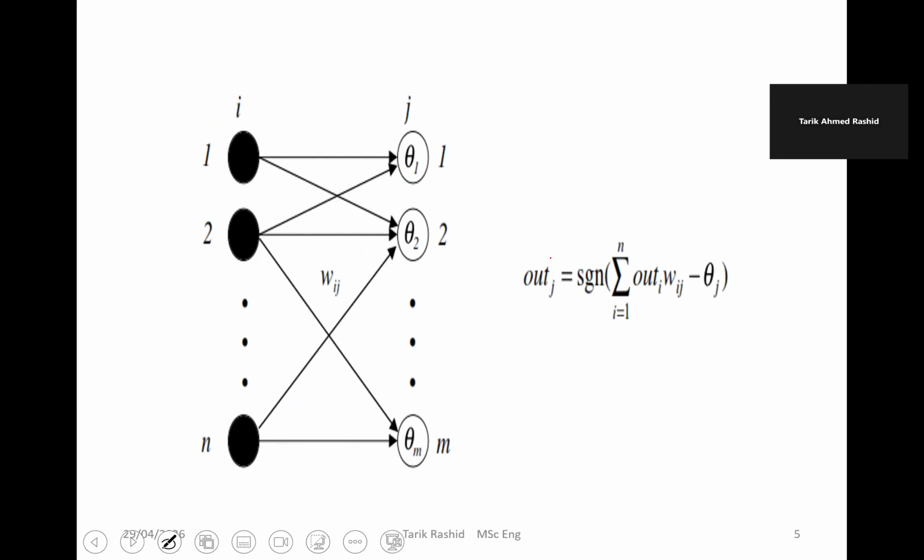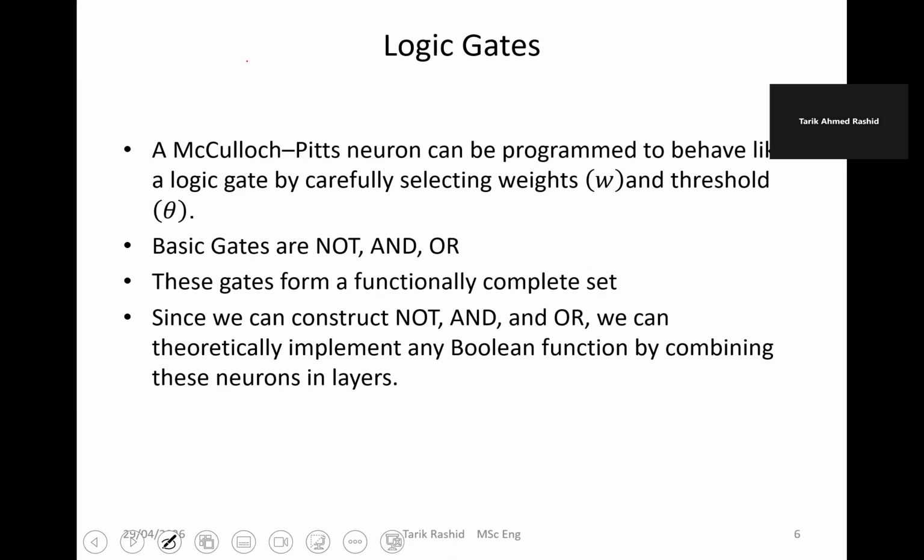In this single layer perceptron, the first layer cannot be considered as a layer. It's an input layer, and there's a sign function. There's a threshold to see whether this input will be positive or negative. Now, basic gates, we have NOT, AND and OR, and these gates form a functionally complete set.